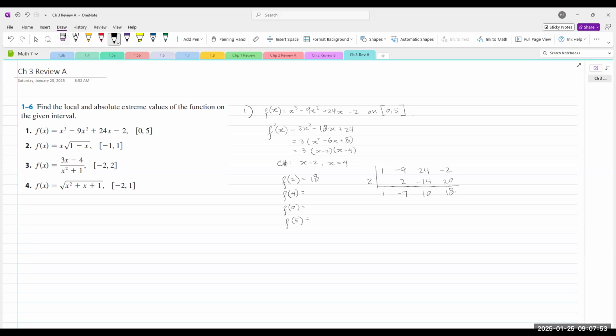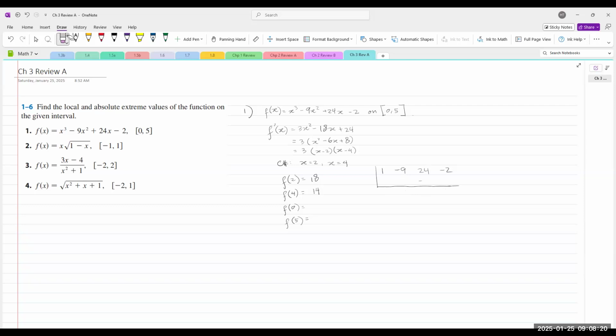At 4, 1, 4, negative 5, negative 20. This is 4, 16, 14. So at 4, that's 14. I don't make any miscalculation, right? You know what?